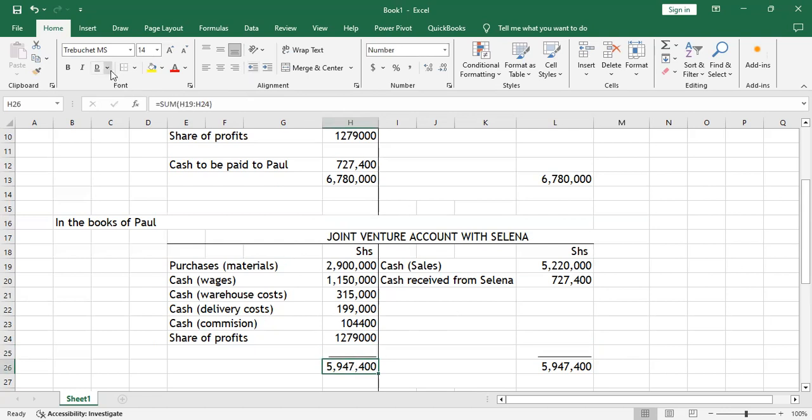So now you can close off. So that's it all. That's how you enter the transactions in the books of parties to a joint venture account.